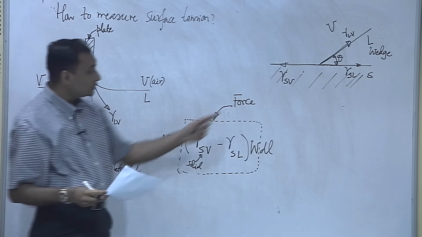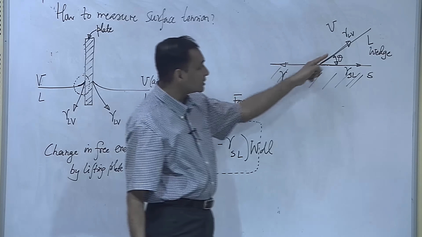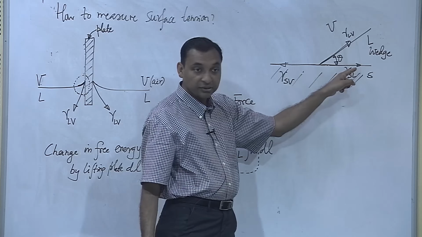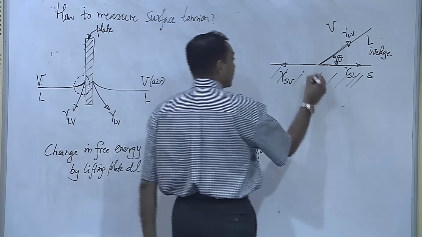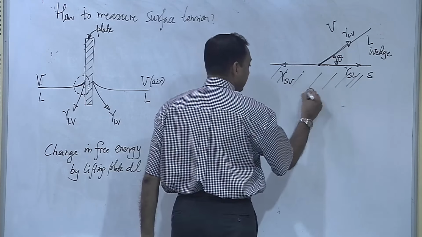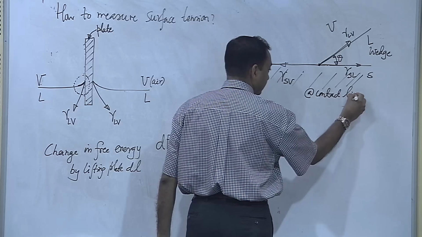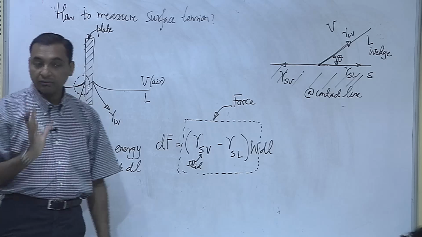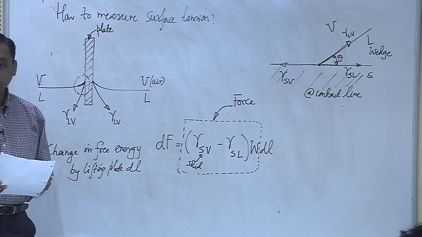So this is the solid vapor surface tension, this is my liquid surface tension, and this is the solid liquid surface tension. This is the contact line. So it creates a wedge, and I can represent this in this form.